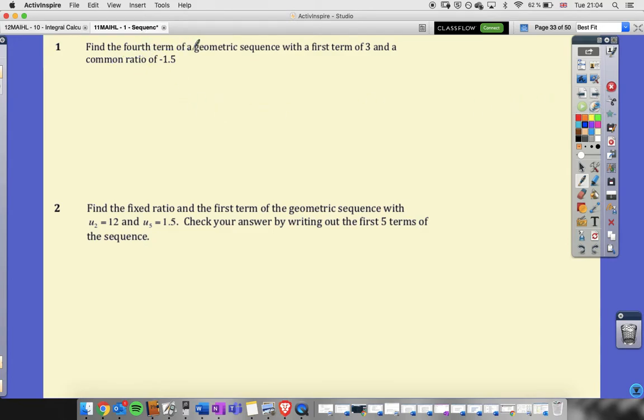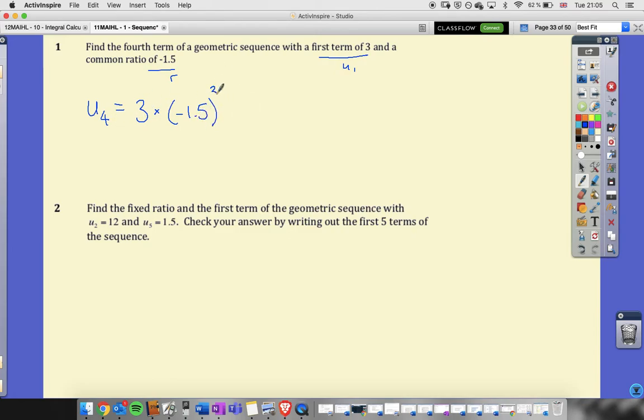Okay, let's take a look at a couple of examples just practicing this. If we want to find the fourth term of a geometric sequence, we've been given the first term and the common ratio. So, very straightforward first example. We're after u4. To find u4, we use our formula: u1 multiplied by r to the power of n minus 1.